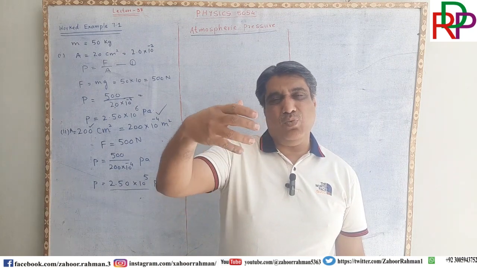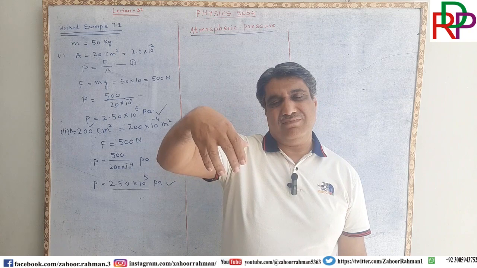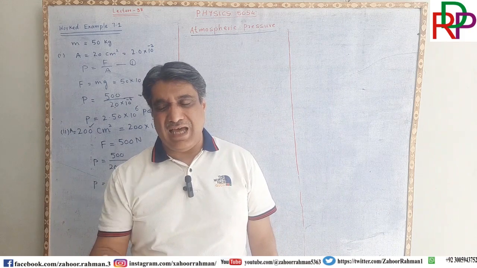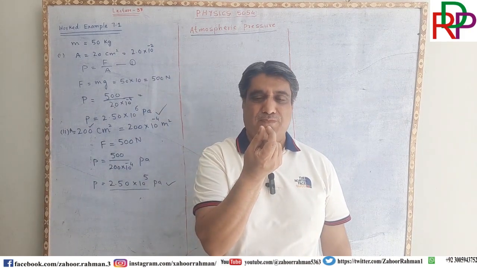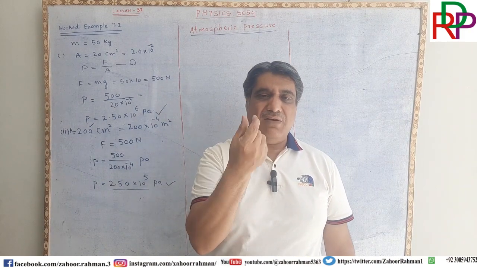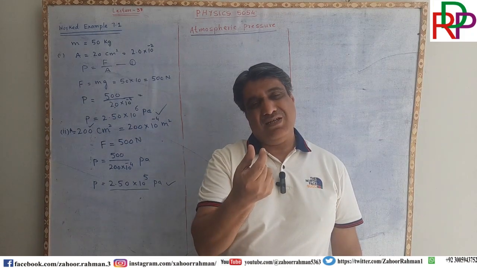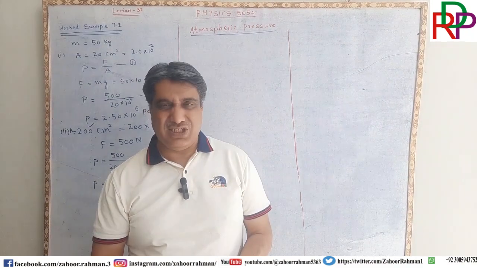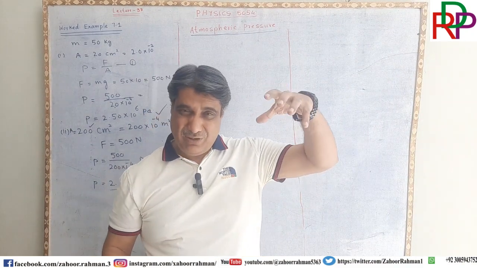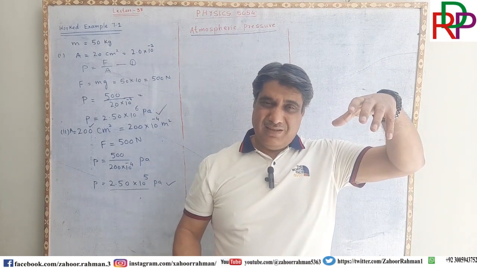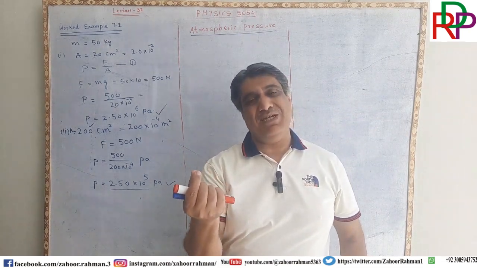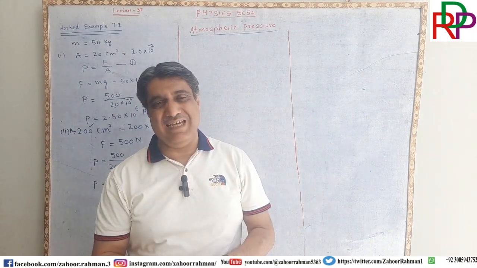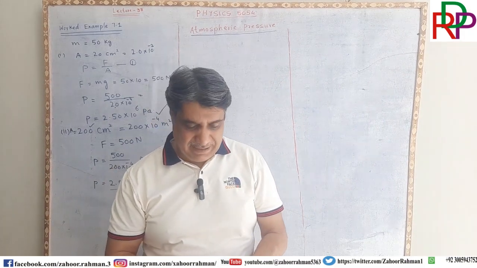If you are putting 1 kilogram of weight, which is equal to 10 Newton, on 1 centimeter square area, then the pressure exerted is 1 atmospheric pressure.